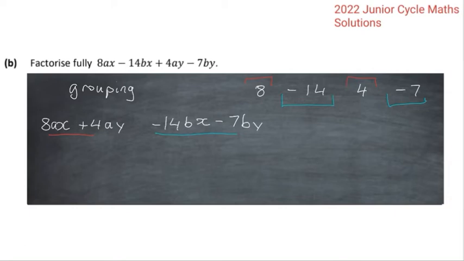Now let's look at the highest common factor for each set. So now we're going to have 4a, which is common on both terms here, and then we can take out the 4a from 8ax and we will get 2x. We'll take out 4a from 4ay and we will get plus y. And now we're going to repeat the same process for the second set.